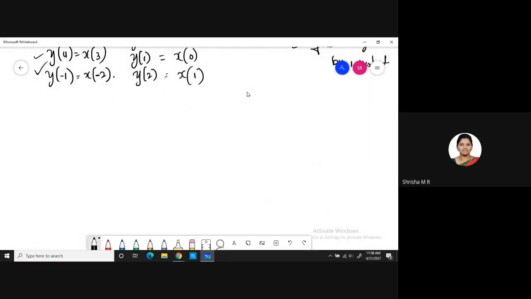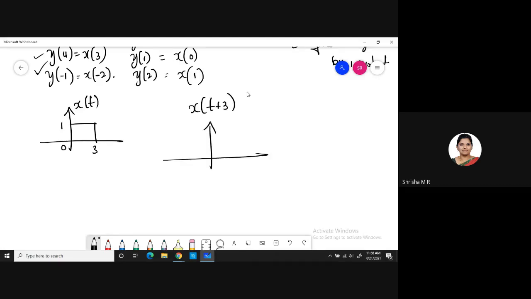Suppose you have x of t from 0 to 3, with an amplitude 1. How do you plot x of t plus 3? From -3 to 0.